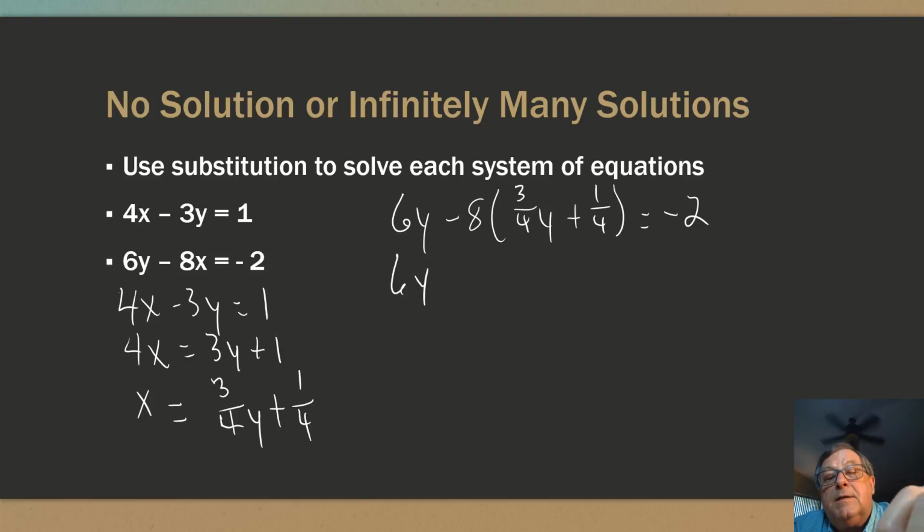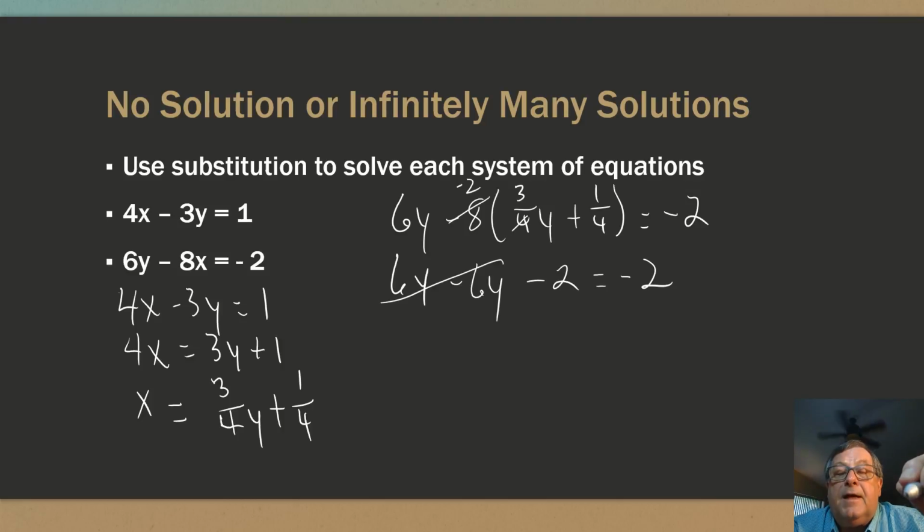Well, 4 going into 8, negative 8, 2 times. And negative 2 times 3y at that point is negative 6y. And look what's getting ready to happen. My y's are getting ready to cancel. But let's take negative 8 times 1/4. Well, negative 8 over 4 is negative 2. And when the positive 6y and the negative 6y cancel, I end up with negative 2 equals negative 2.